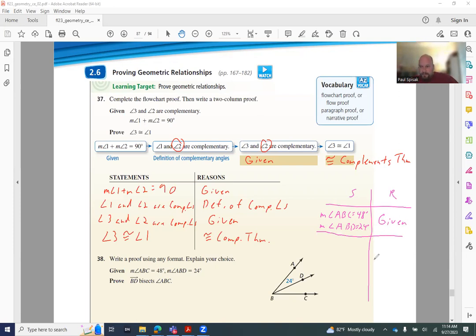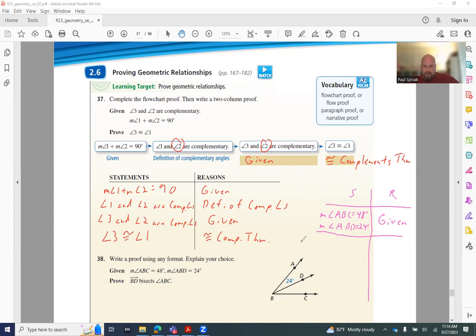Now, I do see that these 2 angles are next to each other. So we can say that since they're adjacent angles that are next to each other, I can use my angle addition postulate to add them up.